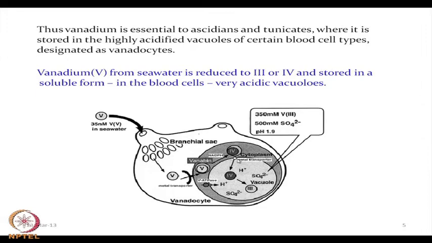But for this cytoplasm area, when it is pushing that vanadium into the vacuole, which is highly acidic in nature, we need another metal transporter to transfer vanadium specifically in the +4 oxidation state. That means the tetravalent vanadium can only be transferred through this point by a different type of metal transporter, which is different from the one transferring vanadium in the pentavalent oxidation state, and it goes into the vacuole as vanadium 4.